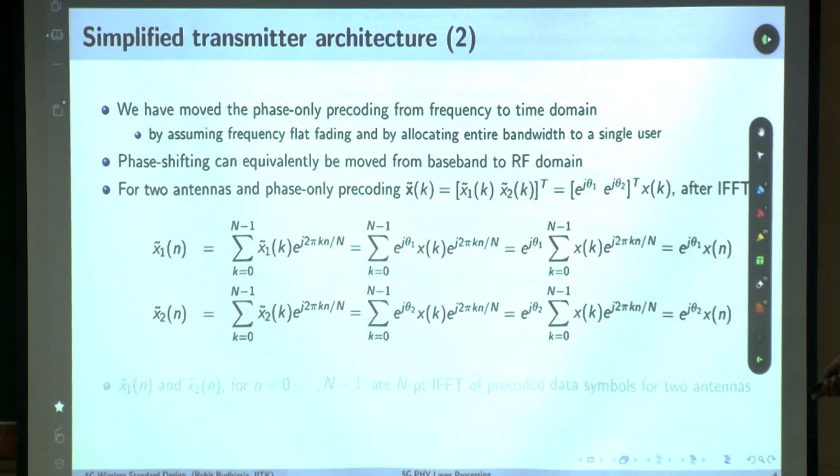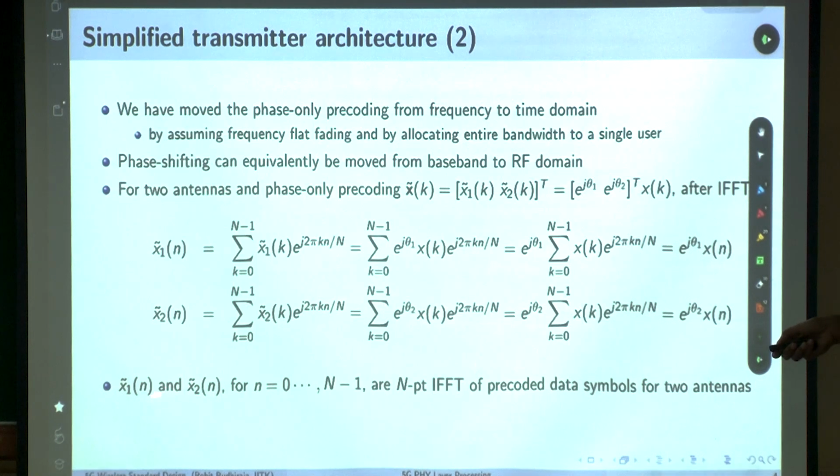So what are we saying here? x1 tilde of n and x2 tilde of n are the N point IFFT of the precoded data symbols for two antennas. In principle, we should do this precoding in the frequency domain, and that's what we have been doing.